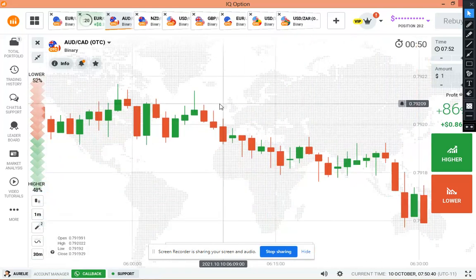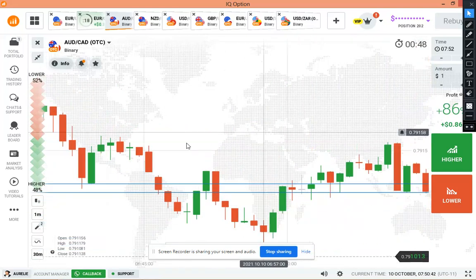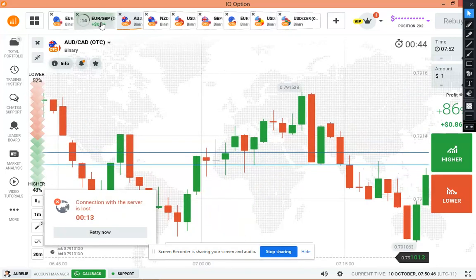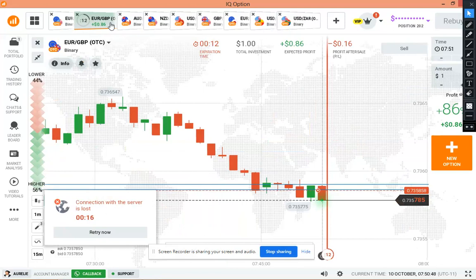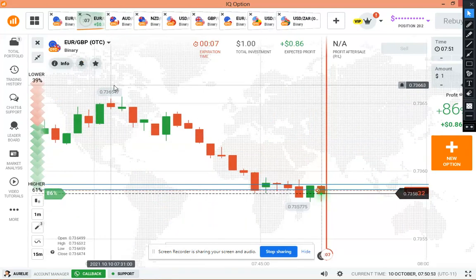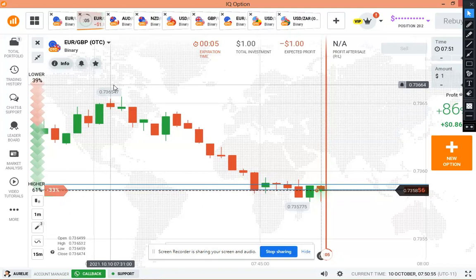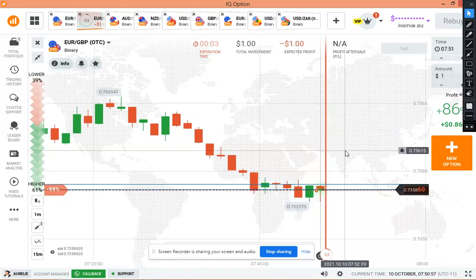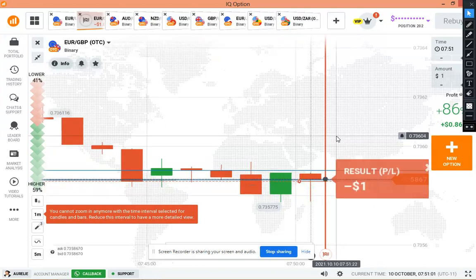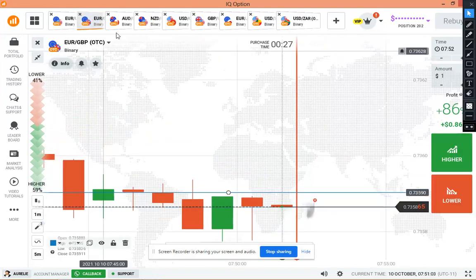There's not enough price action on the left side to give us confirmation. Okay, that was a late entry.